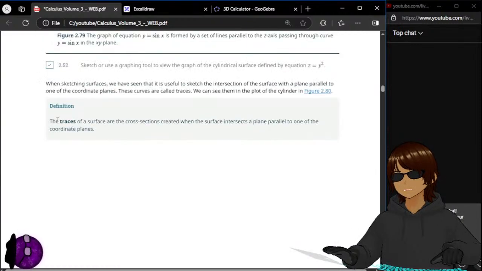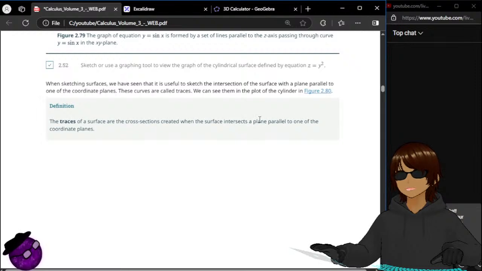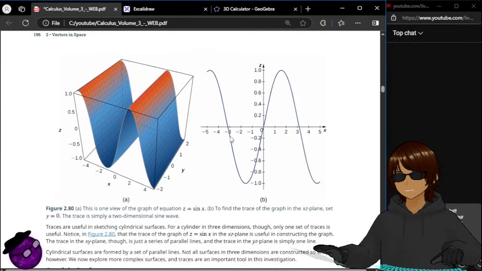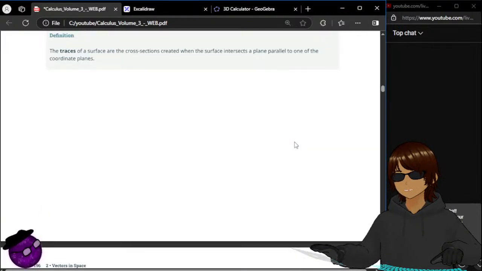Wait, hold on. The traces of a surface are the cross sections created when the surface intersects a plane parallel to one of the coordinate planes. Also, the intersection of the y-axis would give this shape.